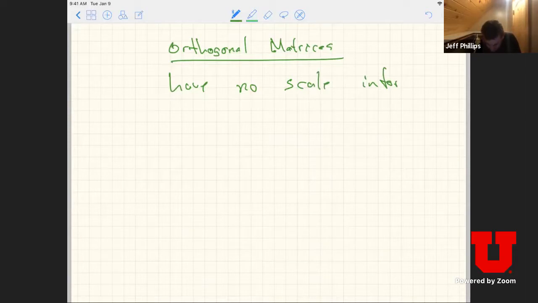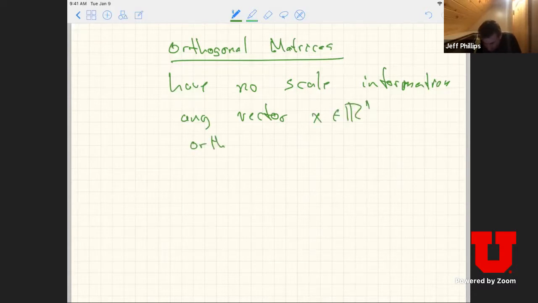That means that for any vector x in R^n and an orthogonal matrix M in R^(n by n), the norm of x is going to be equal to the norm of M times x.